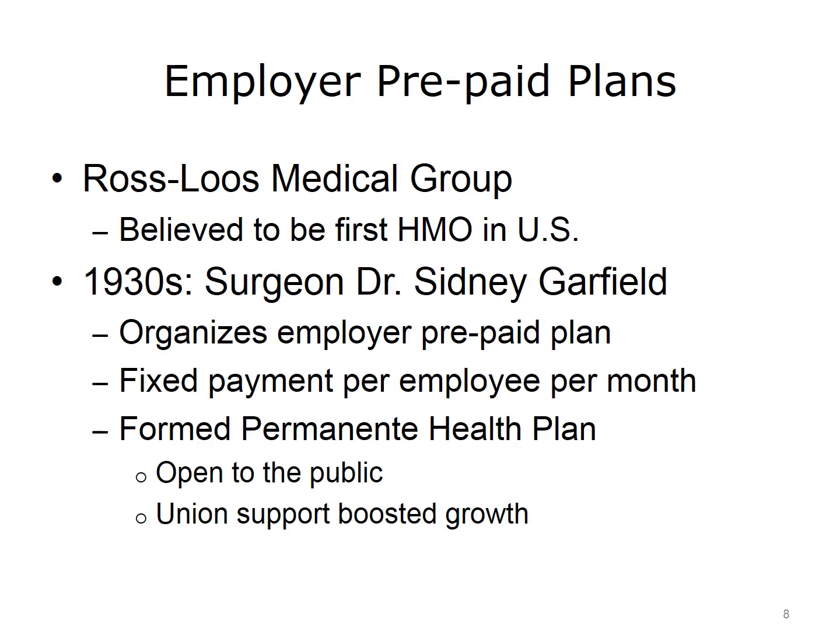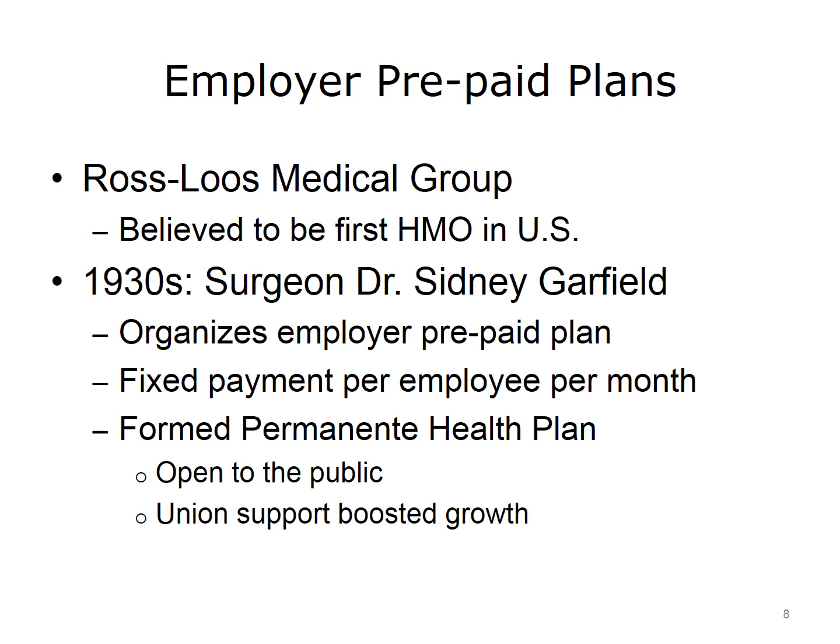In 1929, the Ross-Loos Medical Group formed what is believed to be the first health maintenance organization in the United States and provided prepaid medical care to Los Angeles County employees. During the 1930s, surgeon Dr. Sidney Garfield provided prepaid care for the illnesses and injuries of employees of major public works construction projects in California, and later to employees of the Kaiser shipyards during World War II.